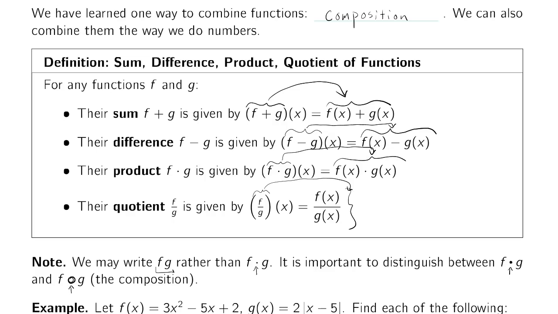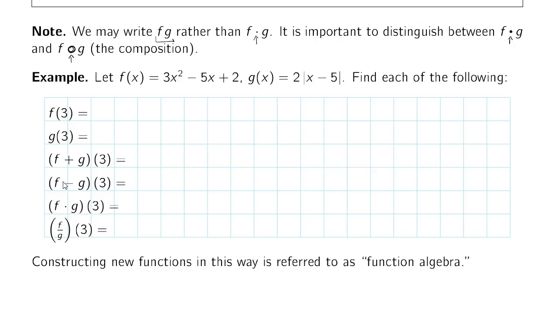Let's see just a couple of examples of how this works. Here we have two functions, f of x, a polynomial function, and g of x, an absolute value function. And we're going to combine these by adding, subtracting, multiplying, and dividing.